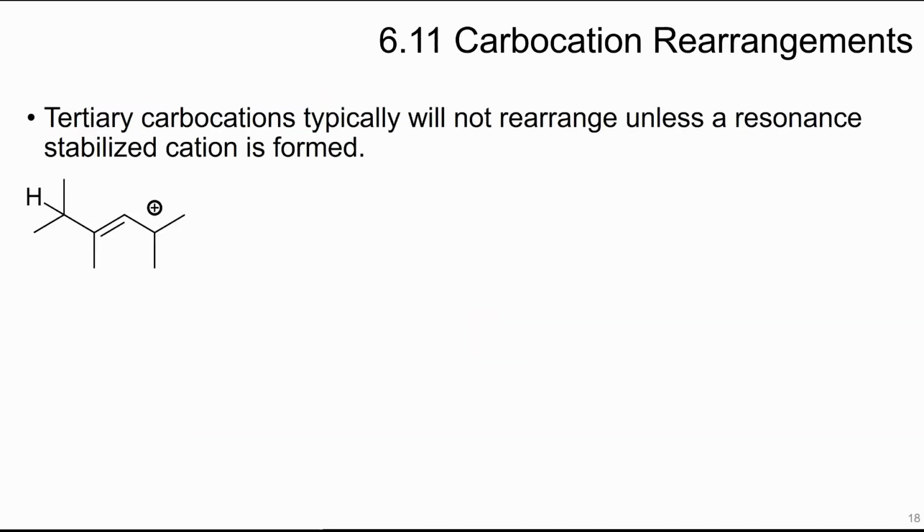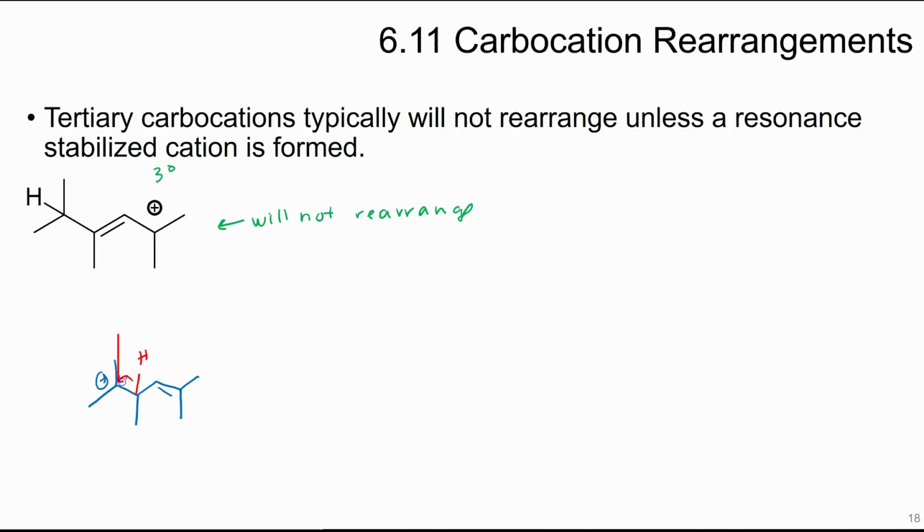Tertiary carbocations will typically not rearrange unless there's a resonance stabilized cation that is formed. So this is a tertiary carbocation. This one will not rearrange. If I had a similar structure, carbocation is here, and I have a hydrogen here, this is tertiary.